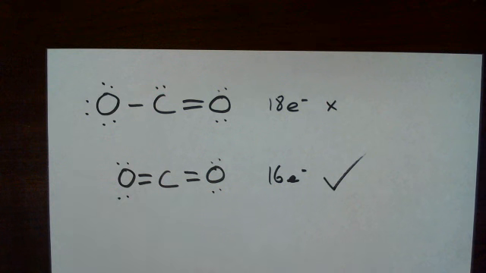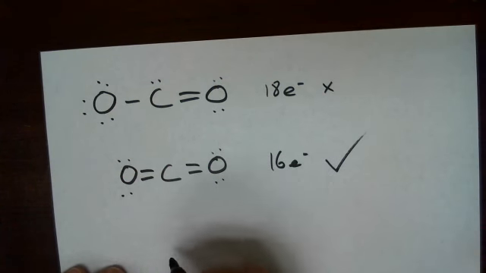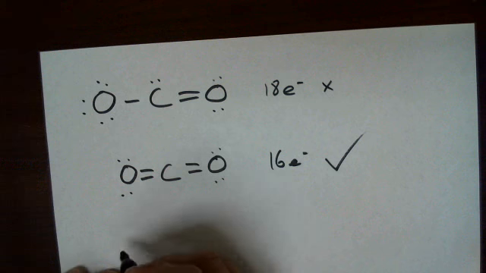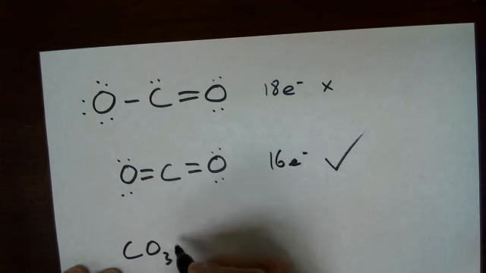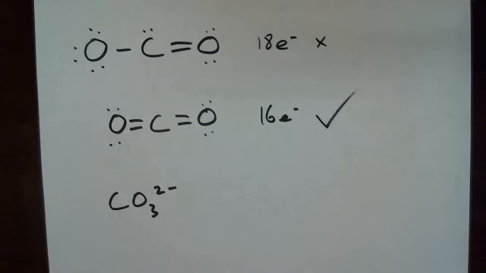It will get more complicated than that with resonance structures, and so we can have a look at that with, say, the carbonate anion. So if we consider carbonate, carbonate is CO3 2-. So now let's consider how many valence electrons we have.